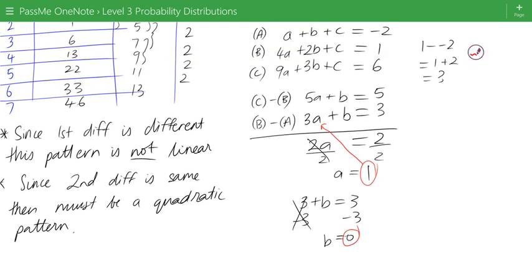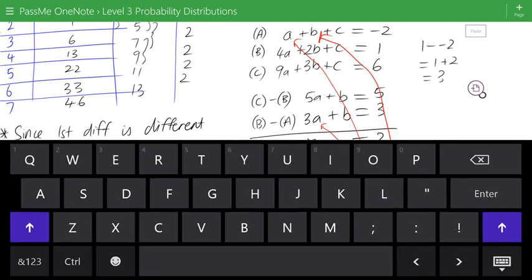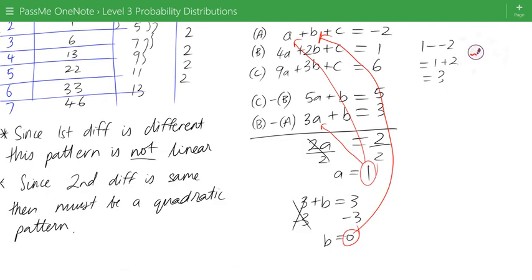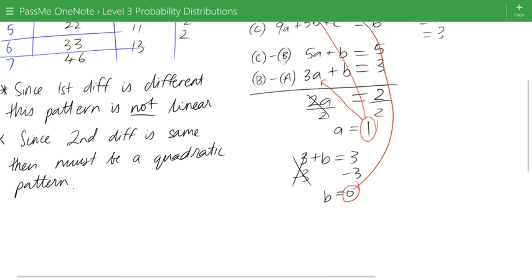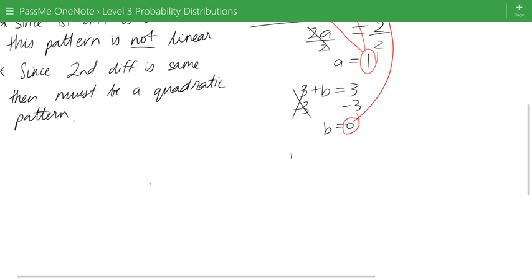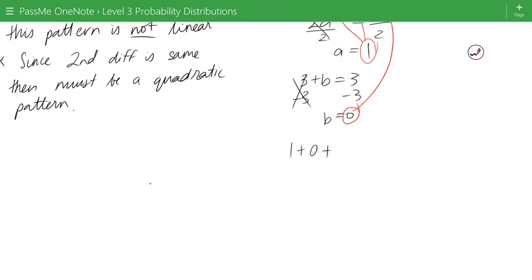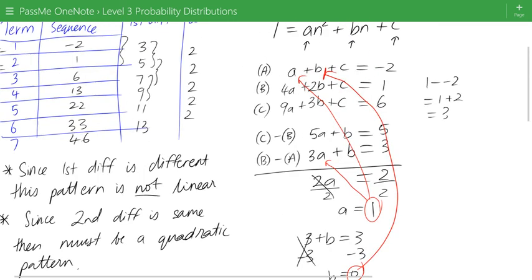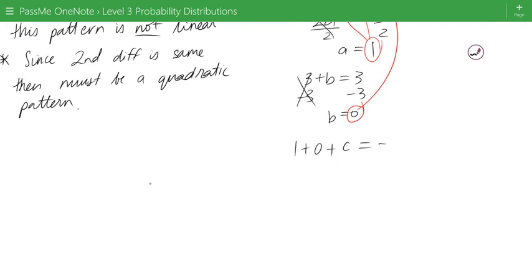So now I have a and b, so I can put them both back into my original equation. I'm going to put b into here, and I'm going to put 1 into here instead of a, and we'll write out that top equation again. So that's going to be 1 plus 0 plus c equals, if we look at that equation up there, negative 2.